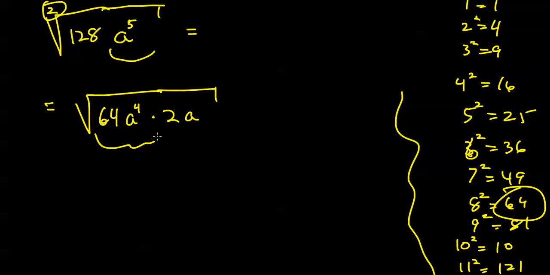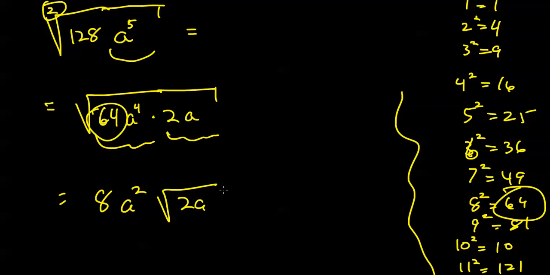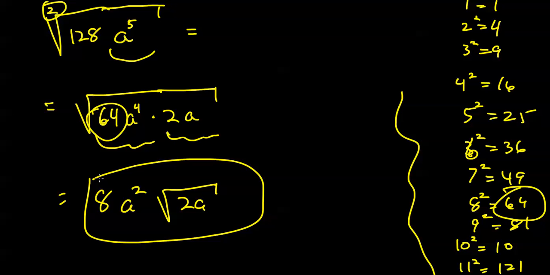What I call the residue factors, the stuff that's going to stay under the root sign, I'll push off to the right. The square root of 64 is then 8. The square root of a to the fourth is a squared, and the square root of 2a is just the square root of 2a. I can't take anything else out from under that root sign, so I call that simplified radical form.